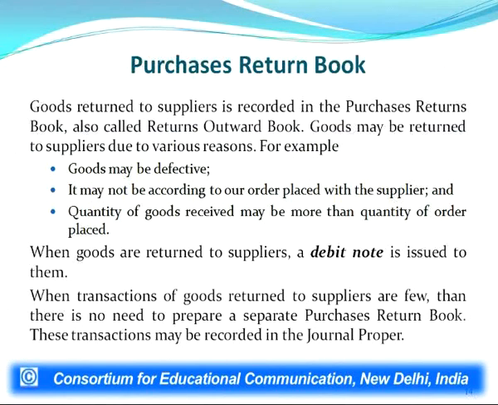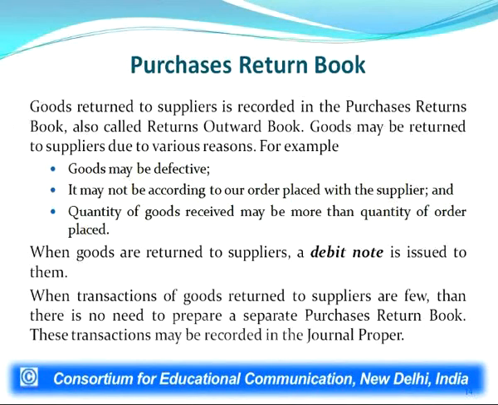Now, we shall discuss the purchases return book. As we know, many times the goods purchased by a firm may not be up to the mark. It may be defective, it may not be according to the specifications given by the purchaser while placing the order, and sometimes the quantity received may be in excess of the quantity ordered.